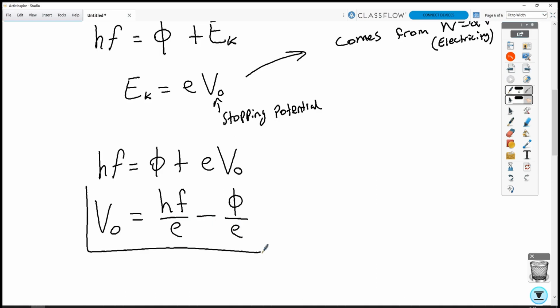And this equation will find your stopping potential. You can also see that this relates to the previous graph where EK was on the y-axis. So if you know a value for EK, you can do EK equals eV naught, divide that by the charge of the electron, and that will give you the stopping potential.